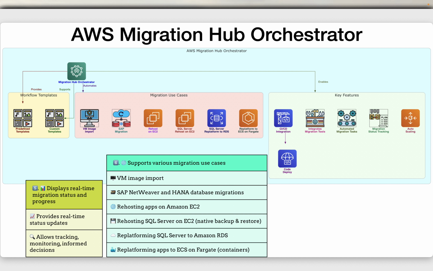Migration Hub Orchestrator supports a wide range of migration scenarios, including VM image import, SAP NetWeaver and HANA database migration, rehosting application on Amazon EC2, rehosting SQL Server databases on EC2 using native backup, and replatforming SQL Server databases to Amazon RDS, and replatforming applications to Amazon ECS on AWS Fargate for container-based deployments.